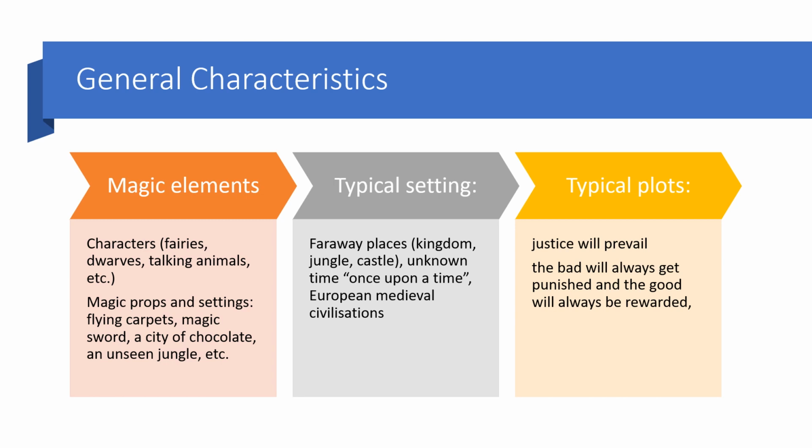Can you name some other magic characters that you won't find in real life? And then it may also be in the form of magic props and settings such as flying carpets, a magic sword, a city of chocolate, an unseen jungle, etc.